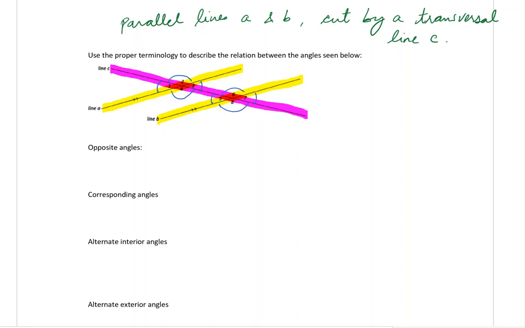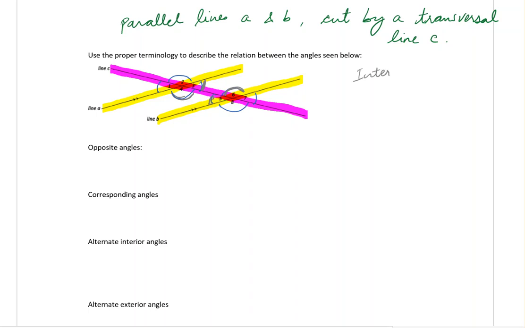In this case, 8 angles are formed, and in these 8 angles, there are a few interior angles and a few exterior angles. As the name suggests, interior angles are the angles which are formed inside the parallel lines. So these are interior angles.